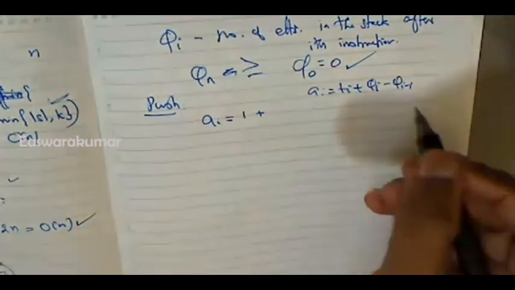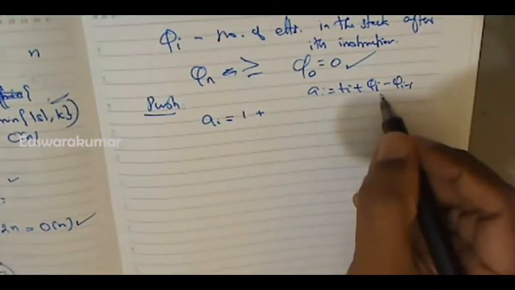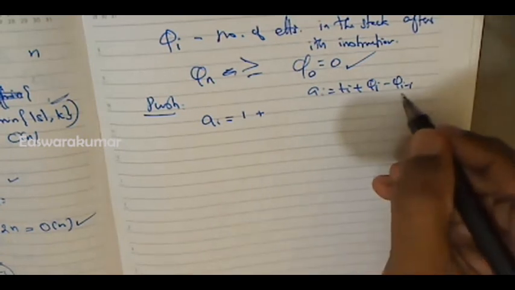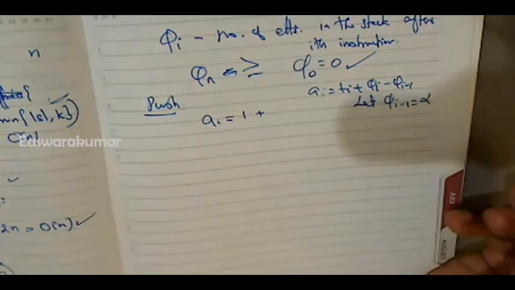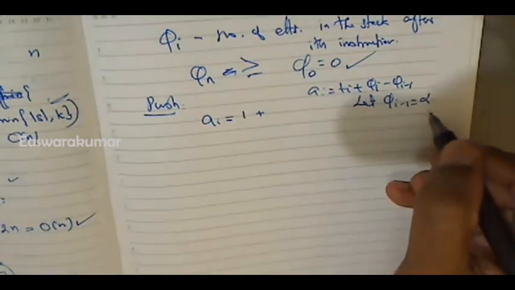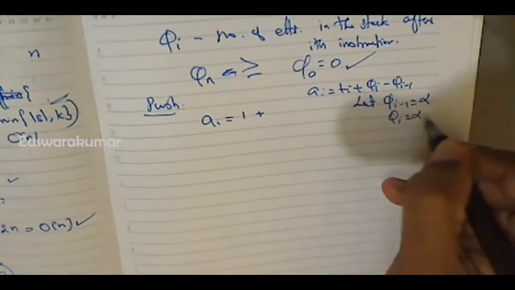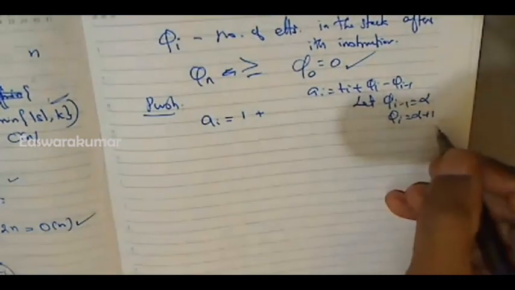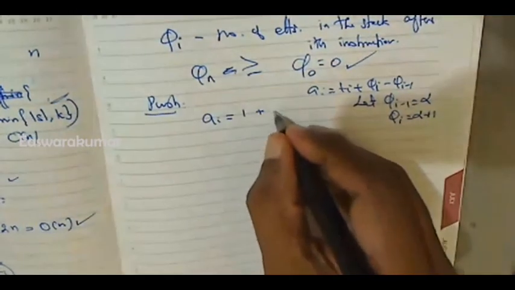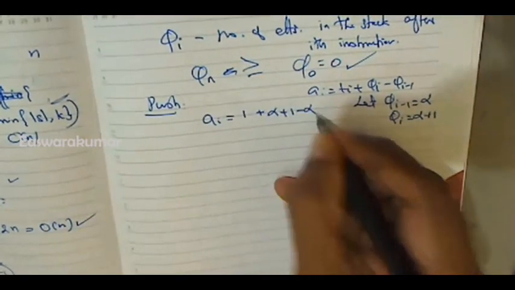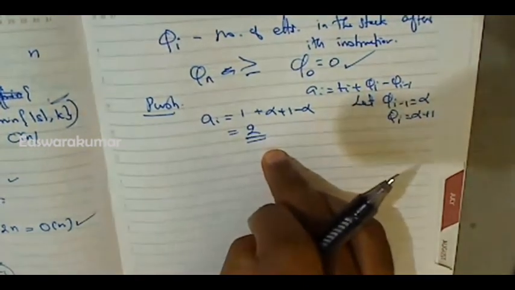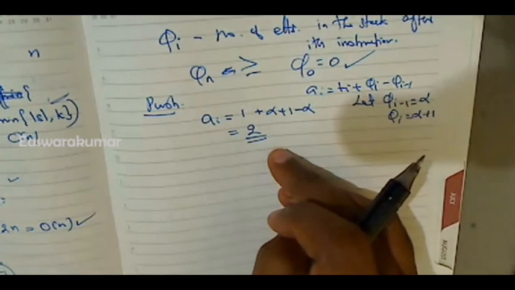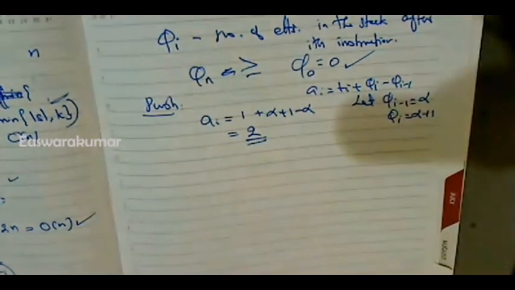We do not know how many elements are already there, so let pi i minus 1 equal alpha. Then pi i is alpha plus 1, because one more element is added. So it is 1 plus alpha plus 1 minus alpha, which equals 2. This is the 2 rupees we considered in the accounting method.